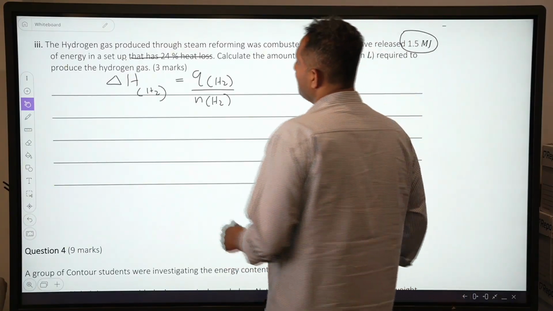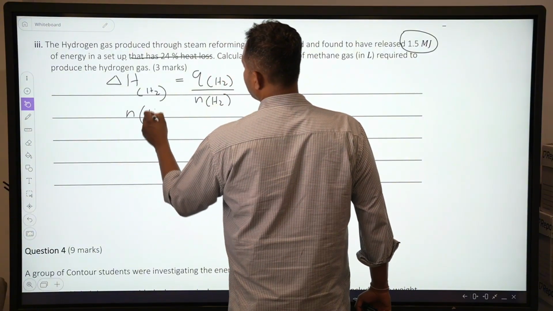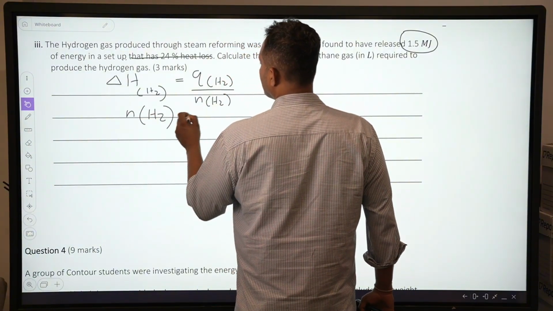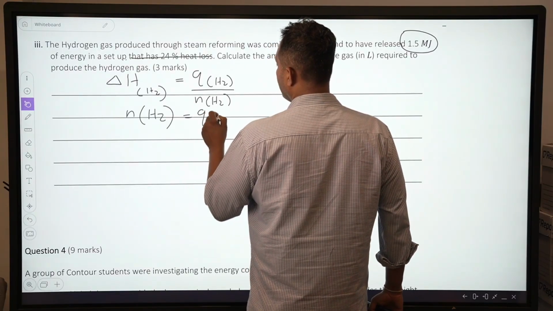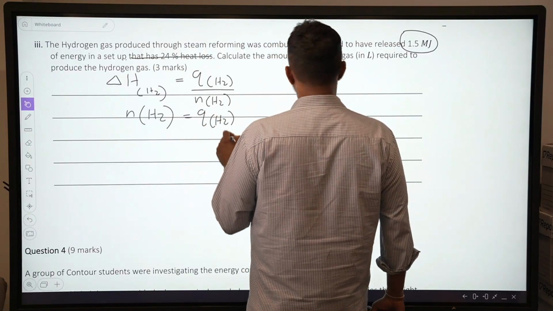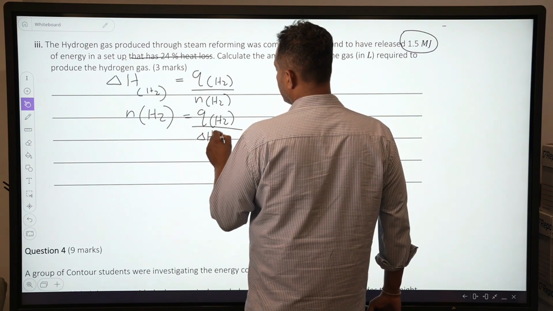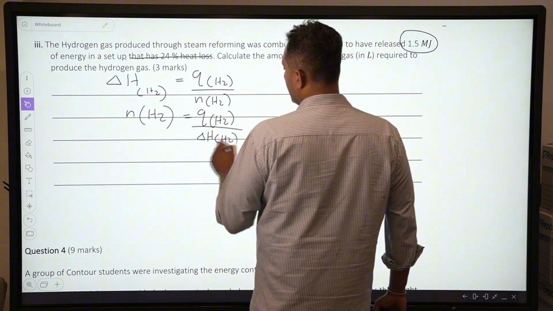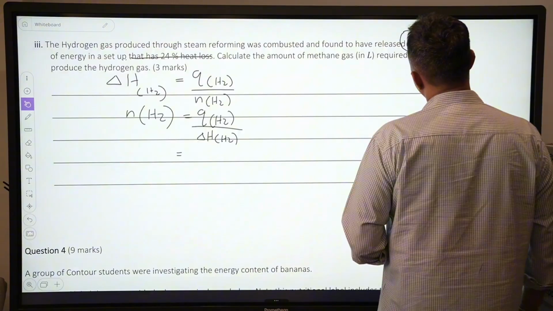Okay, now you need to find the number of moles of hydrogen is what we are after, which is going to be equal to Q hydrogen. Q hydrogen means energy released by hydrogen, divided by the ΔH of hydrogen. Now Q hydrogen is 1.5 megajoules.